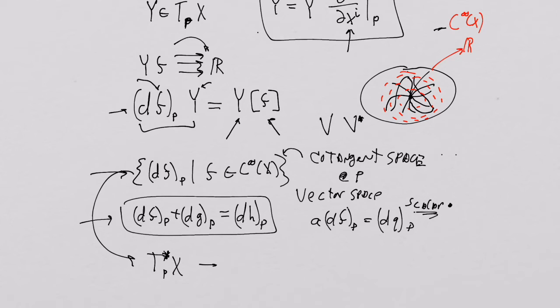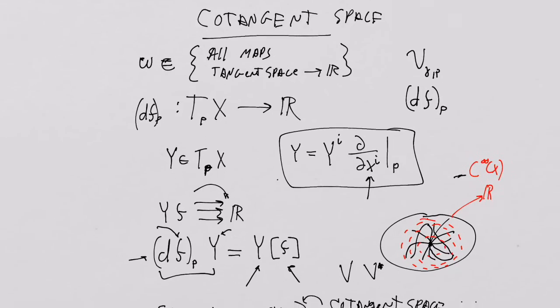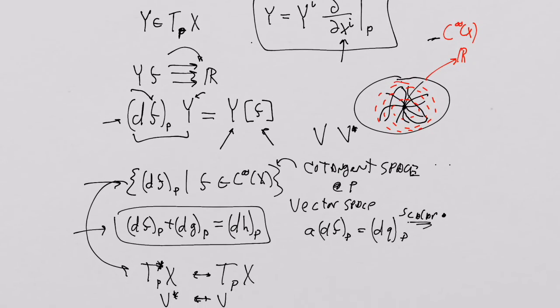So T_P X star is the dual of T_P X. It's just like the notation we used before: V star is the dual of V. Likewise, V is the dual of V star, because the double dual comes back to the original vector space, for what it's worth. But now we have both of them in position at every point in the manifold. So that is the core definition of the cotangent space.